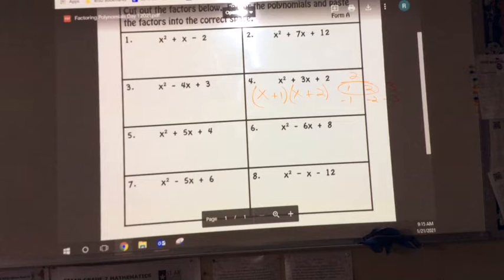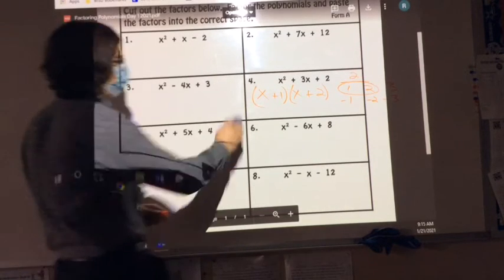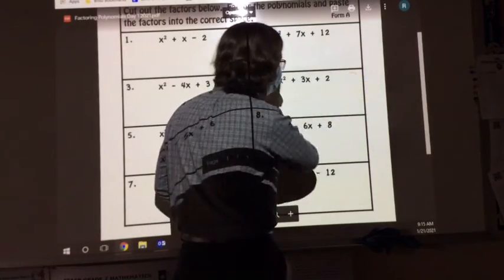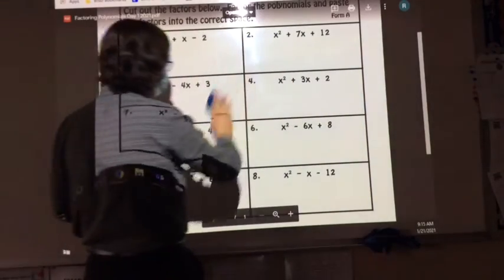All right, try this one. X squared plus 8x plus 15.